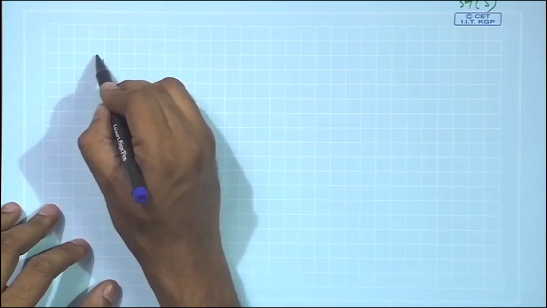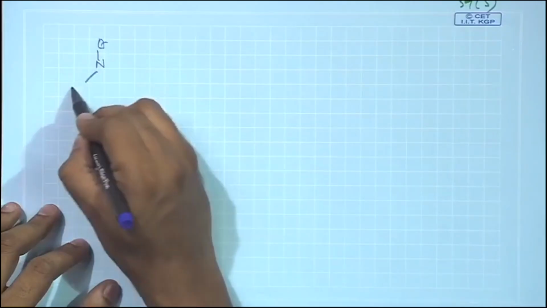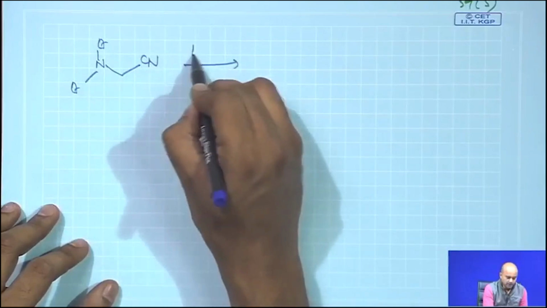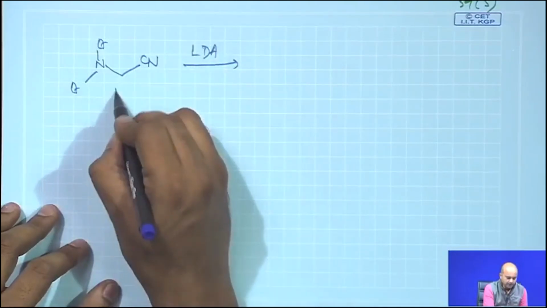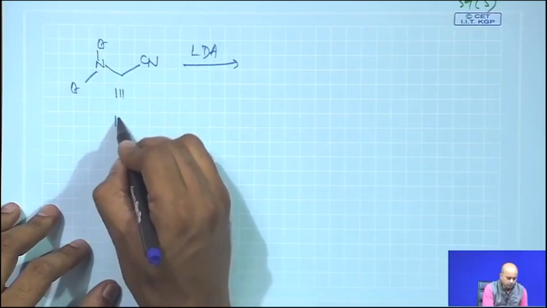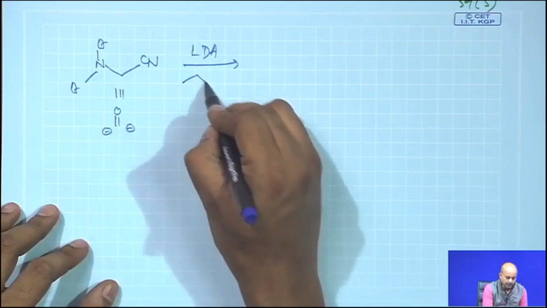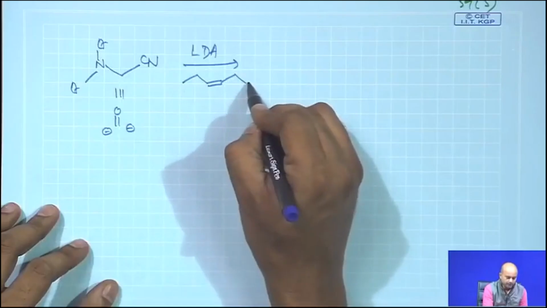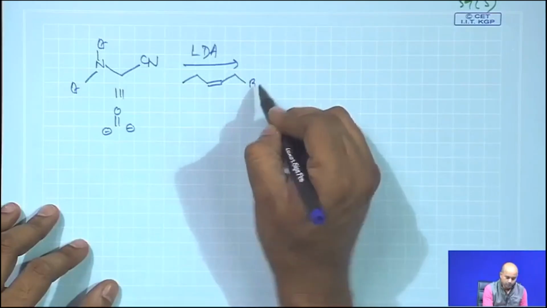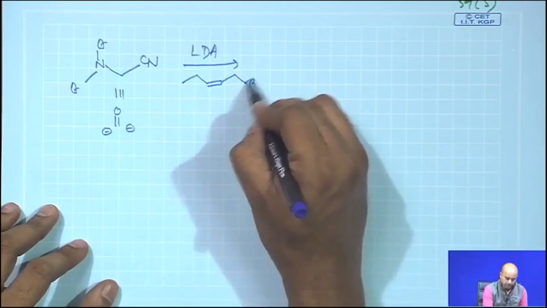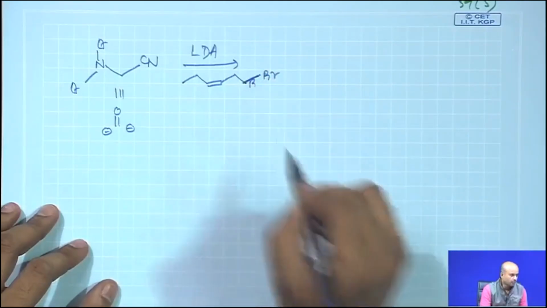So, now we will try to visualize how this aminonitrile works: NEt2 CH2 CN. First I am reacting with LDA. I am saying that this compound is acting as your 2D1 synthon. So, LDA and the first acceptor synthon, I am putting a bromo here, sorry, one carbon extra, bromo.